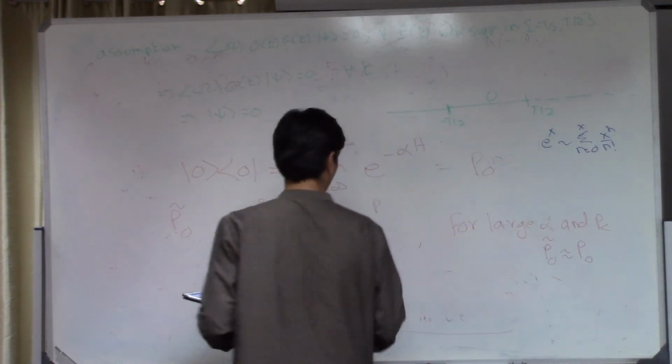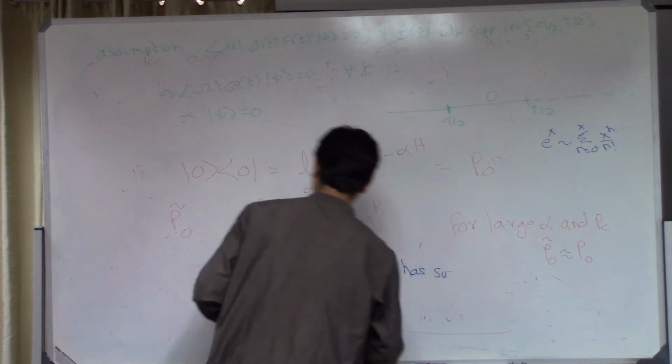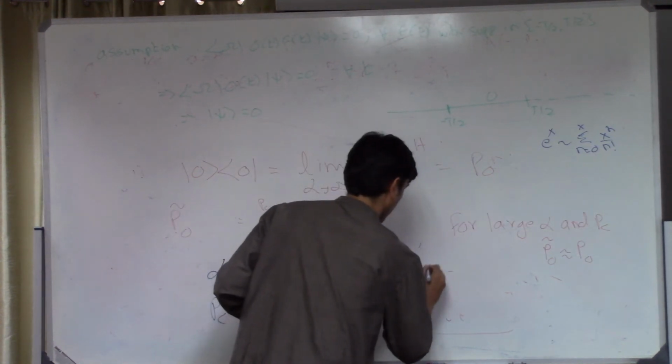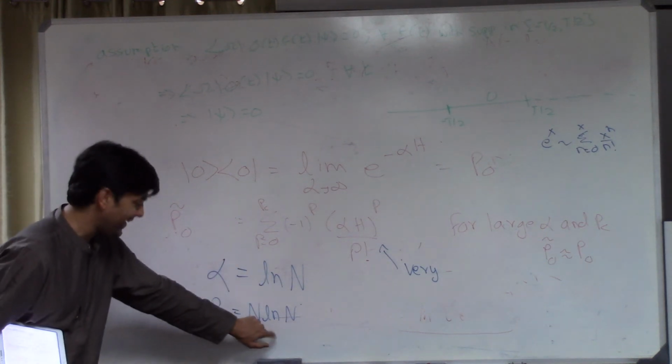Okay? So this P0 tilde, actually it's explicitly a very complicated polynomial. You see, it's very complicated. Now I've even quantified very. It's very complicated in that it has n log n terms.